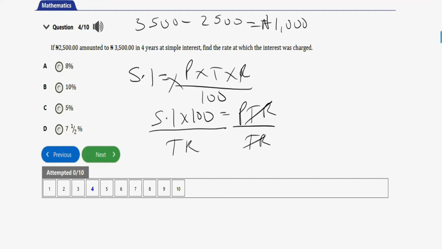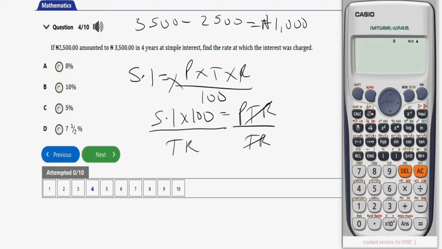Let's use a calculator and solve this. To get the rate, from the simple interest formula, 1,000 naira is the interest times 100 over the principal, 2,500, which is the amount that was invested, times the time.